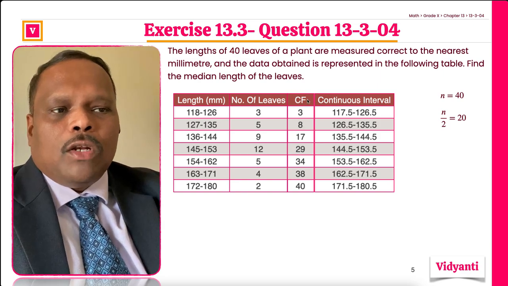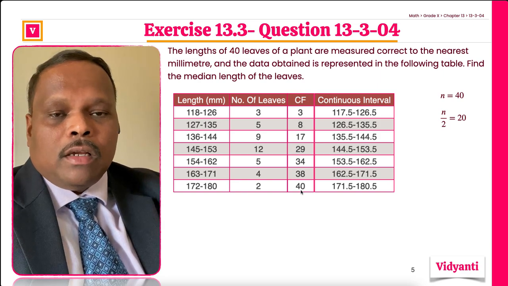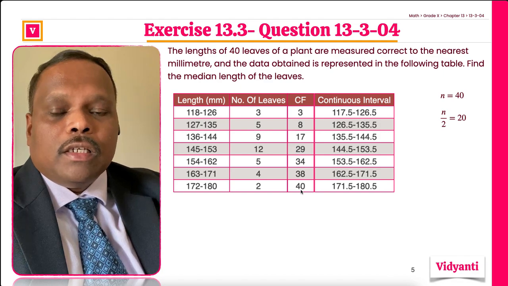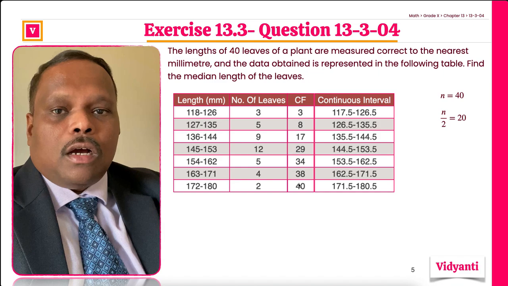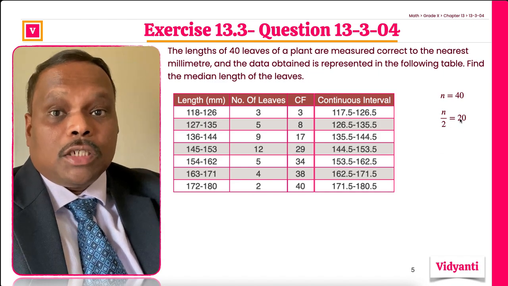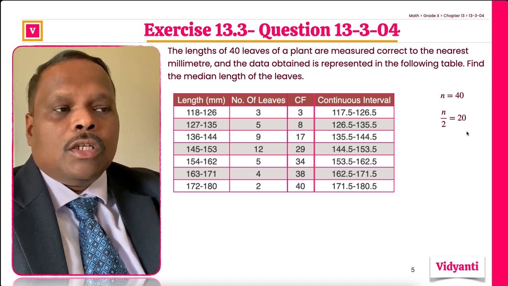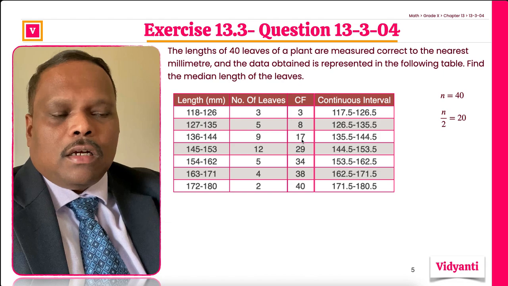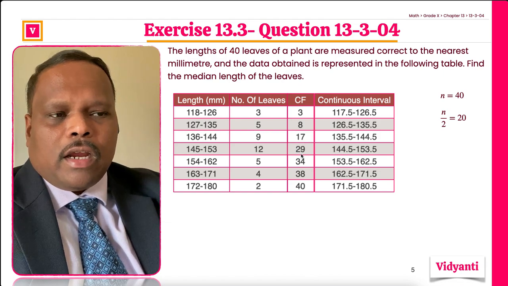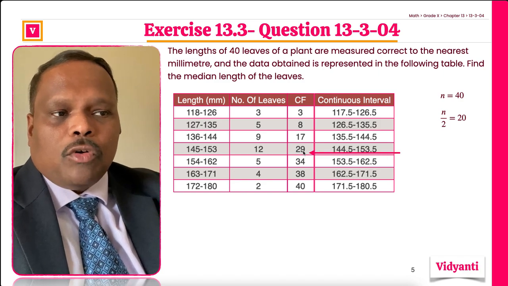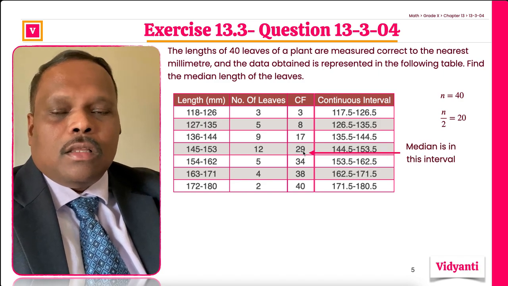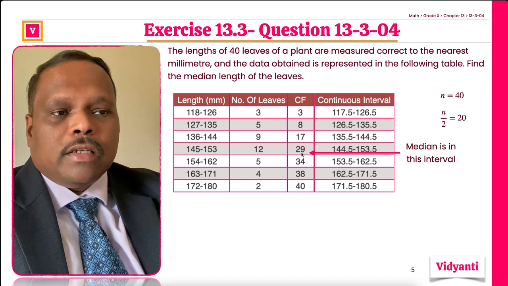So we look at the cumulative frequency table, and we select the interval where cumulative frequency has just crossed this n by 2. So this 20 has crossed this 17, and it is somewhere here. So we come to a conclusion that the median is in this interval.